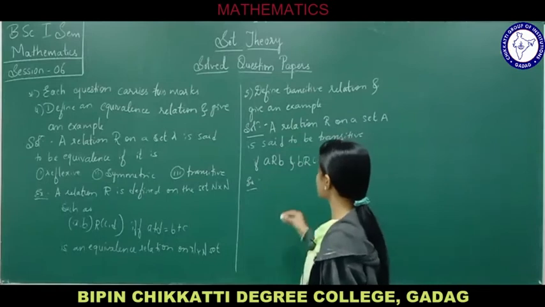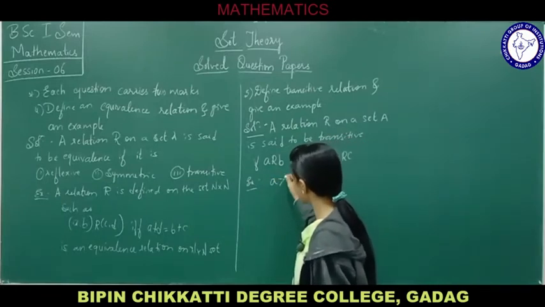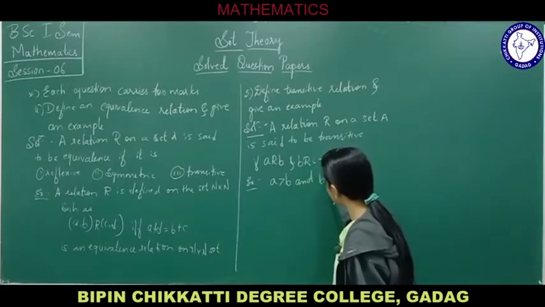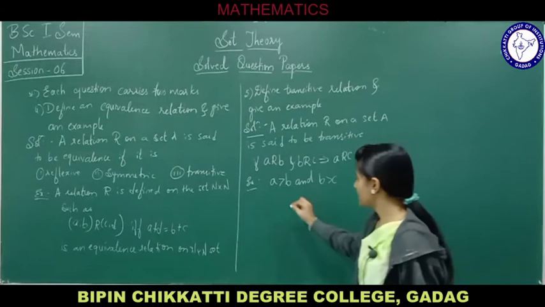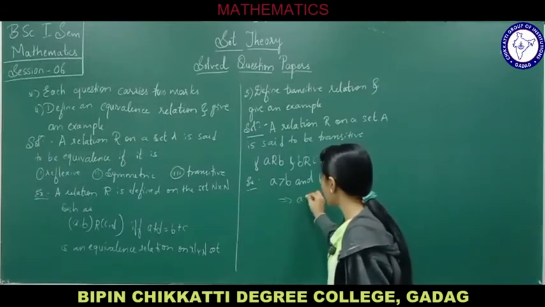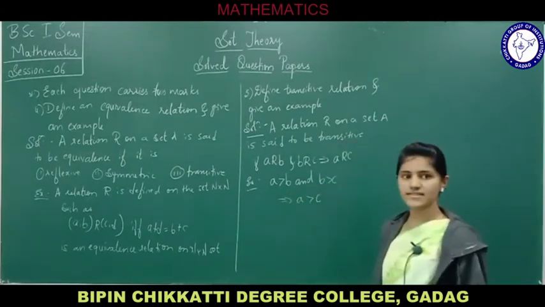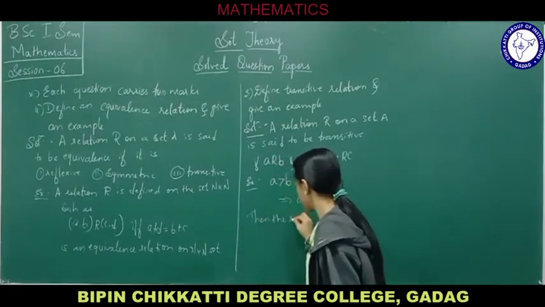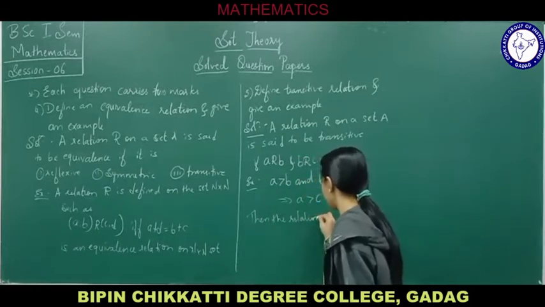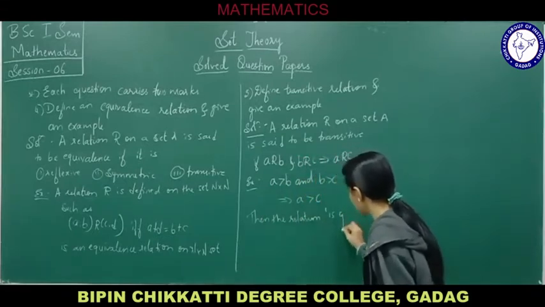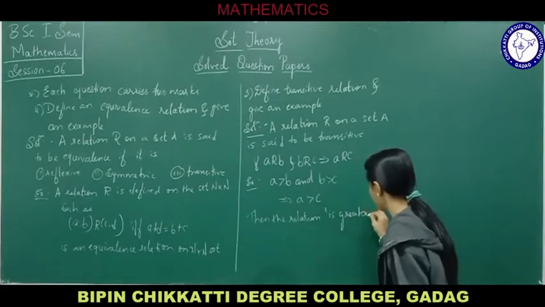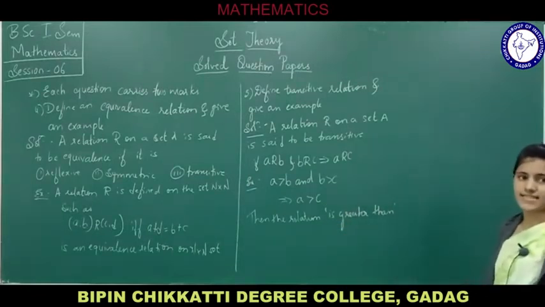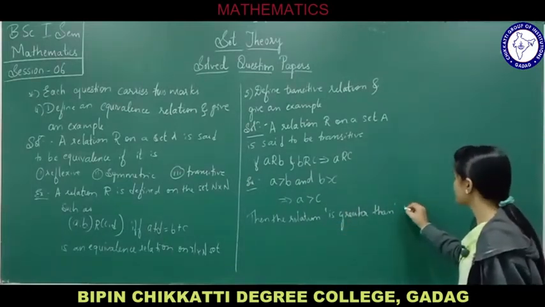Suppose a set has A greater than B and B greater than C. Then it obviously implies that A is greater than C. Then the relation greater than is a transitive relation.